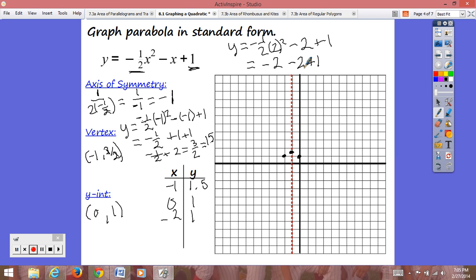Negative 2 minus 2 is negative 4, plus 1 is negative 3. So 2, negative 3, plot that, and then we flip that over our axis of symmetry, and we get negative 4, negative 3. We go ahead and draw our parabola now.